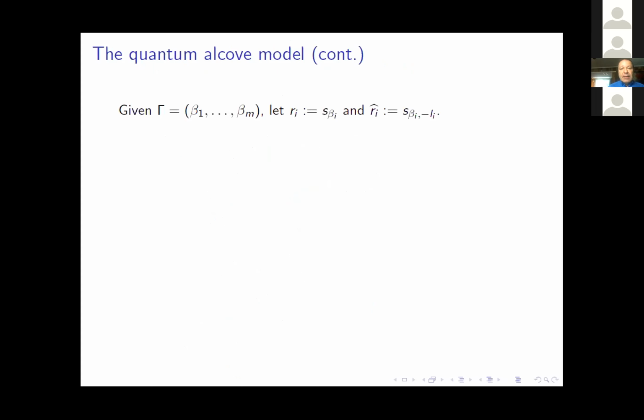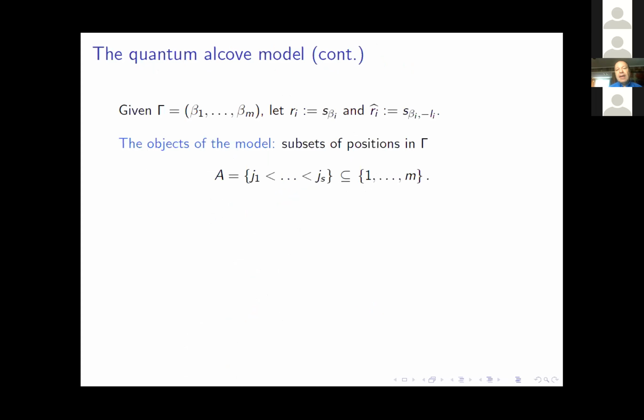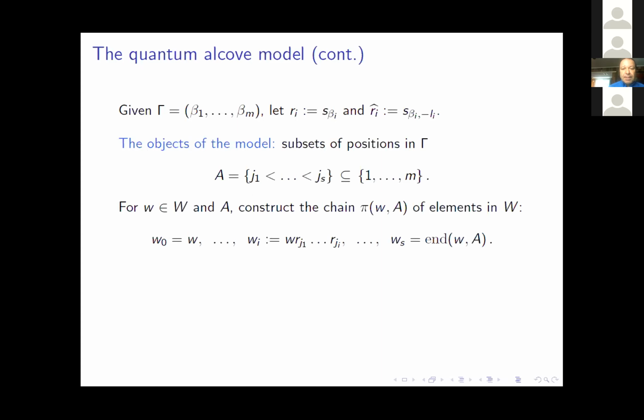Now, given such a lambda chain, r_i is the reflection corresponding to the ith root, and r_i hat is the affine reflection, because these are affine hyperplanes, corresponding to the ith crossed hyperplane. The objects of the model are subsets of the indices 1 through m, which you think of as positions in this chain of roots.